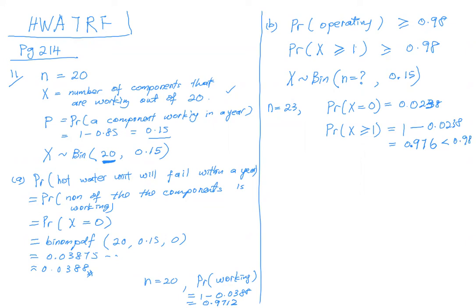Yeah, so now you try another one. Okay, what number do you want to try? You can increase slowly. Okay, 24. You go ahead with 24.